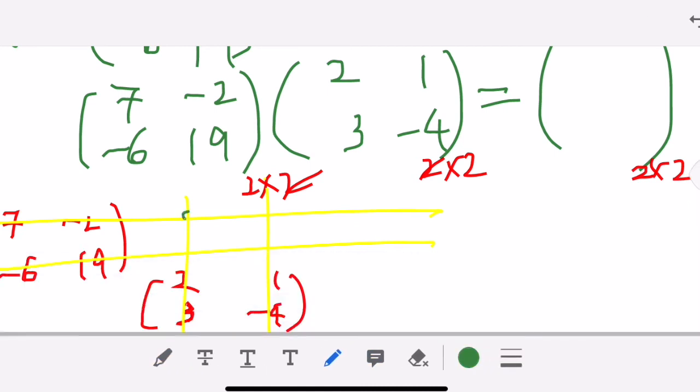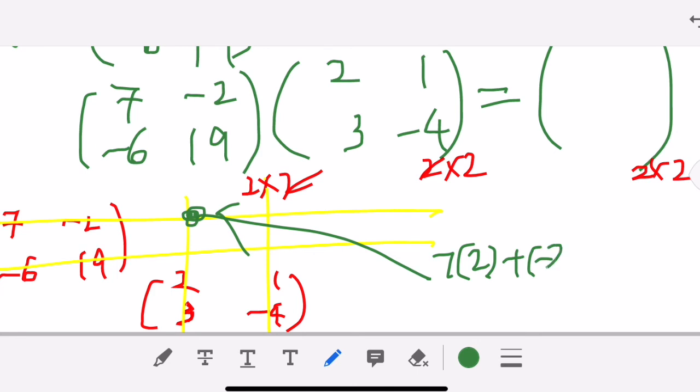For this one, it is actually 7 times 2 plus -2 times 3. So it's 14 minus 6, which is 8. So we can write down 8 here.